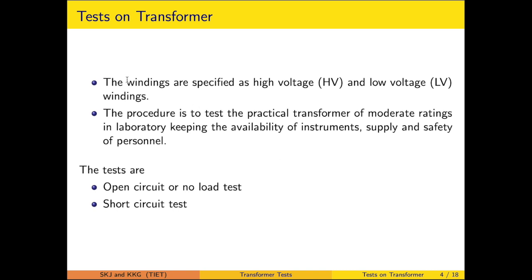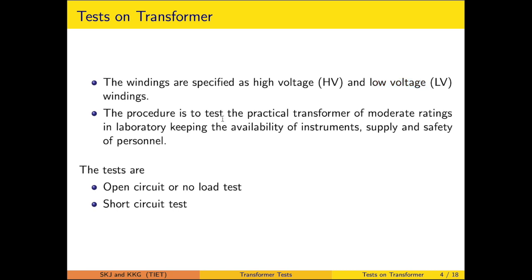Now the other aspect which we need to keep in mind is that the windings are rated as the high voltage, HV, or the low voltage, LV. They are normally not rated as primary and secondary, which we have been using as terminology to build the equivalent circuit parameters.